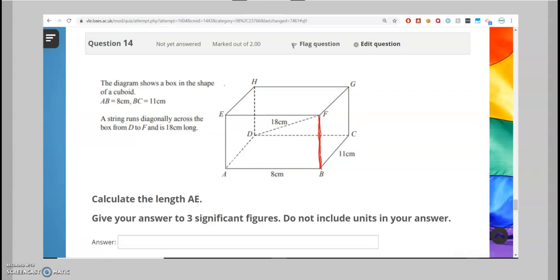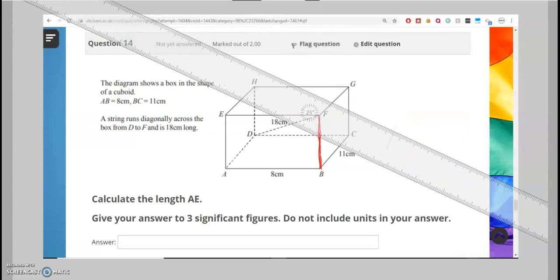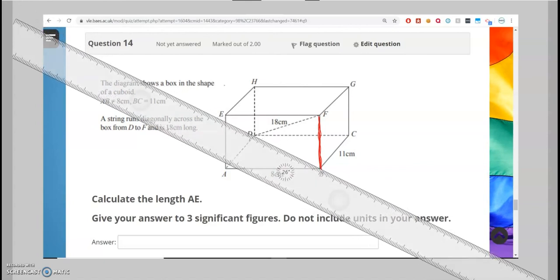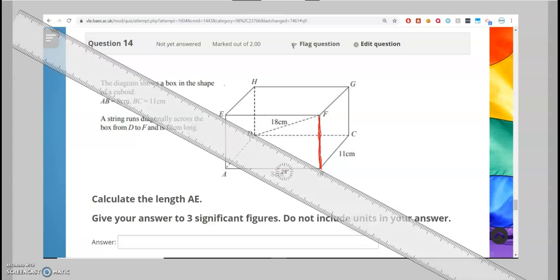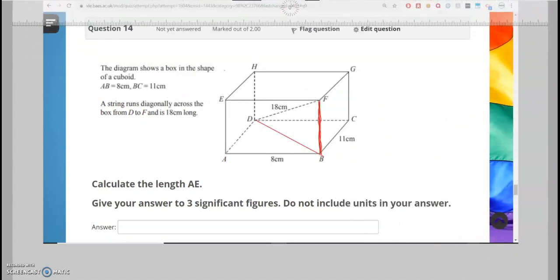Now we want to work out BF. What we know is AB and BC. So I'm going to use that information to get the line that runs diagonally and connects B and D. So I can use Pythagoras to work this out.